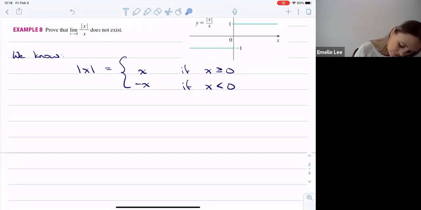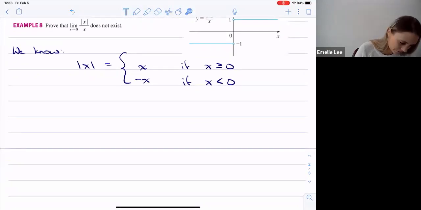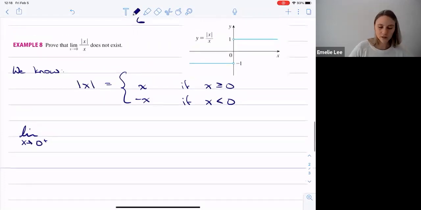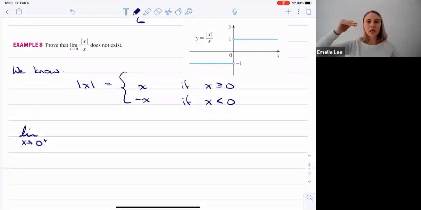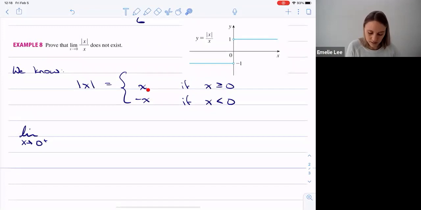So what we're going to do is try the limit as x goes to 0 from the right. If we're approaching 0 from the right, we're coming in from positive values. That's important because it means the absolute value of x is going to behave like x from the right.